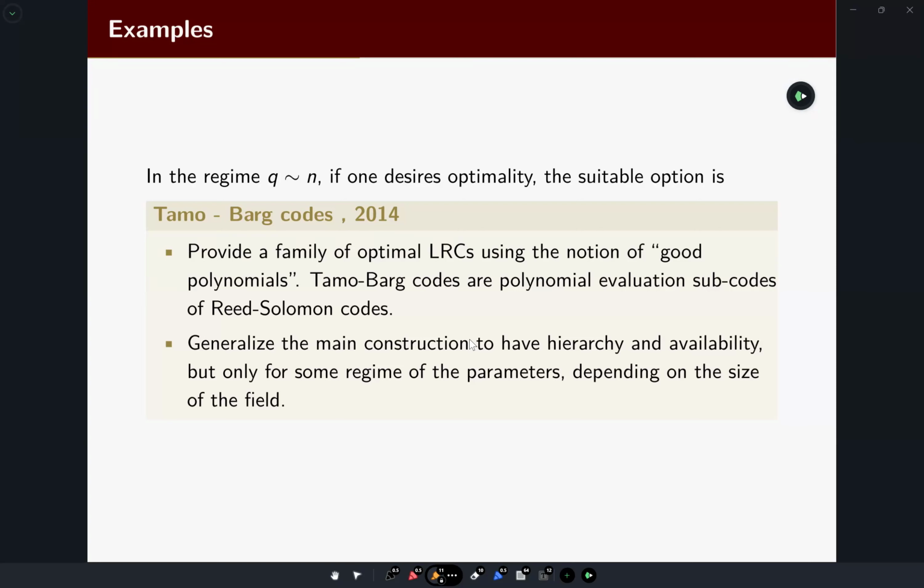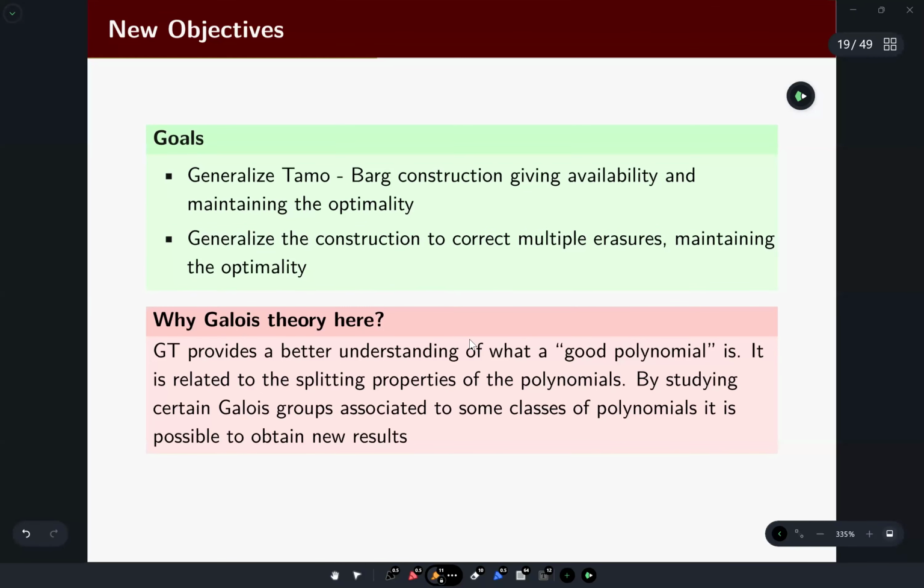So one goal that we had was to find a way to generalize the Tamo-Barg construction, which is the best thing that we see in the literature, giving availability and optimality, but without the restrictions that they suggested. And also, we want to be able to correct multiple erasures, maintaining the optimality.